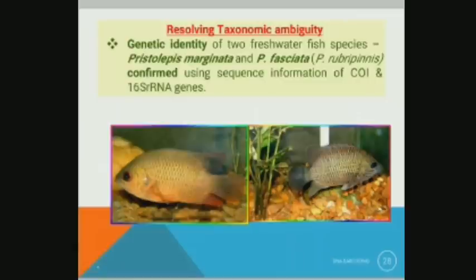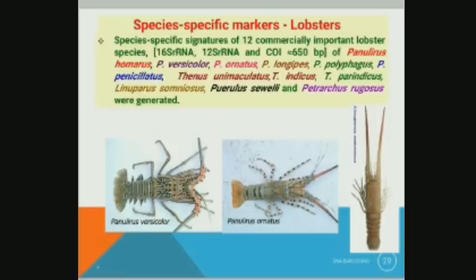What is in the picture looks similar in morphological parameters, but using the COI and 16S rRNA genes, they could be differentiated as Pristolepis marginata and Pristolepis fasciata. These kinds of things are also a direct application of DNA barcoding.